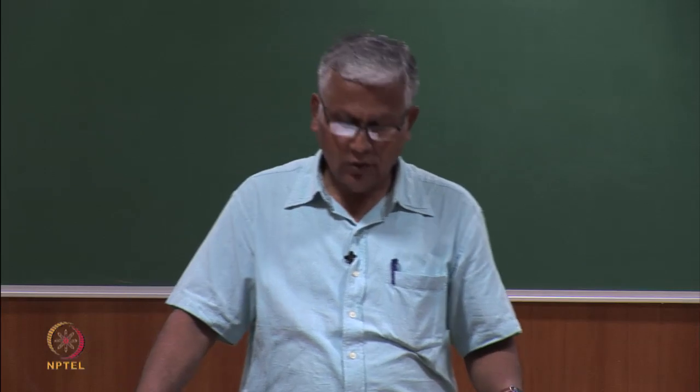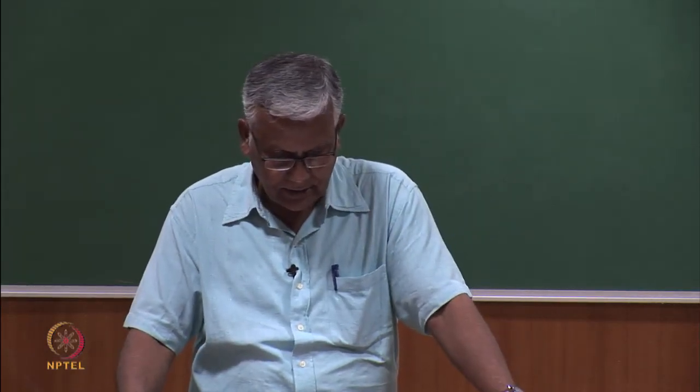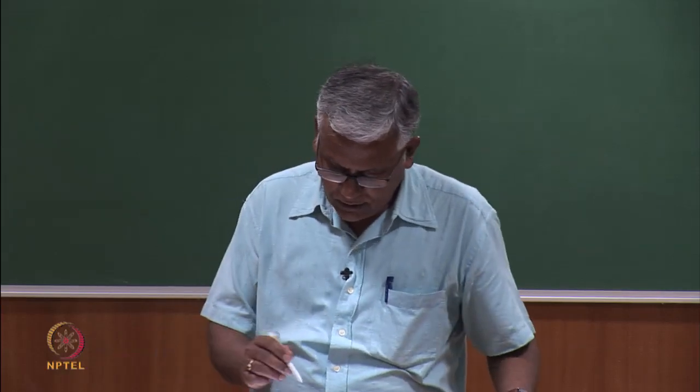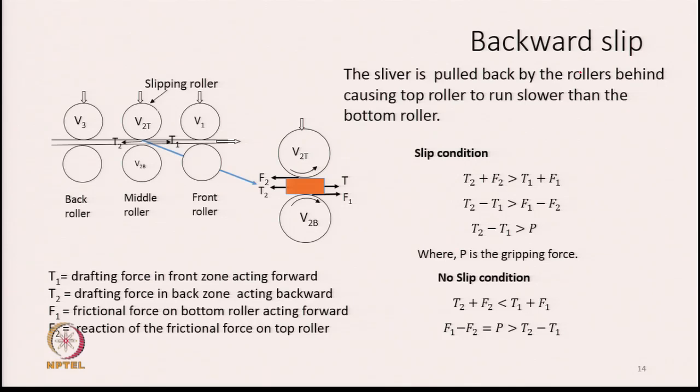So, we must know why it used to slip. Let us analyze this. The backward slip basically would mean the sliver is pulled back by the rollers behind, causing the top roller to run slower than the bottom roller, and therefore, it is a kind of slippage.